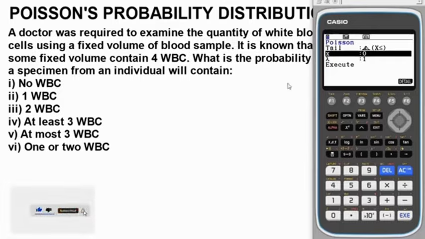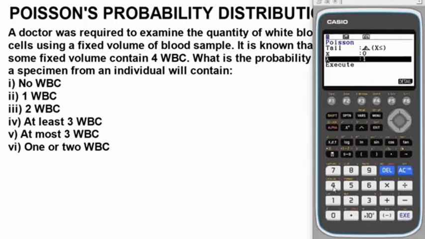So let's begin with the x value. So let's begin with the first one. We are asked what's the probability that a specimen from an individual will contain no white blood cell. So here our x will be 0, then execute. Our lambda is 4, it is fixed. Okay, so now once you have done this, one more thing very important, guys, don't solve it when x is less than or equal to.